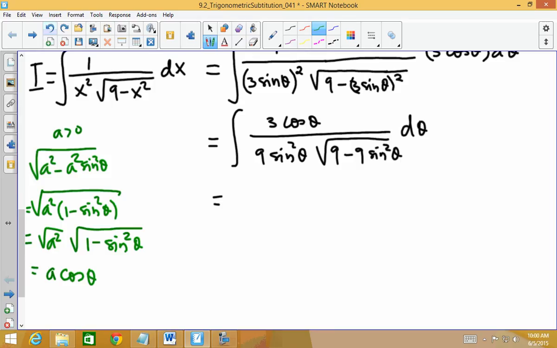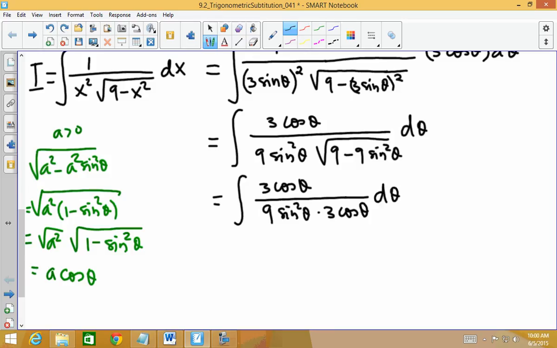So our integral becomes 3 cosine theta divided by 9 sine squared theta times 3 cosine theta, d theta. We have 3 and 3, and cosine theta and cosine theta, so in each case we get one left after simplifying.